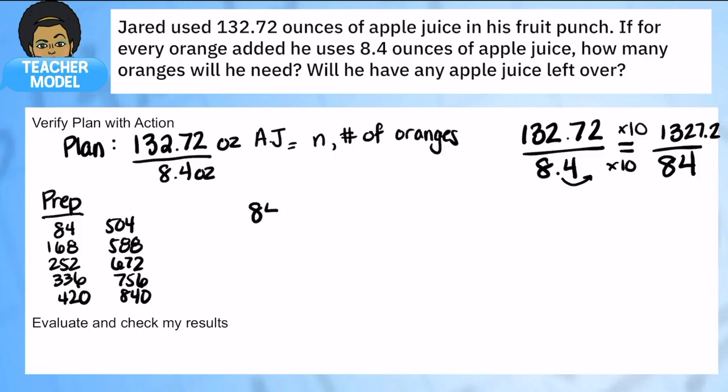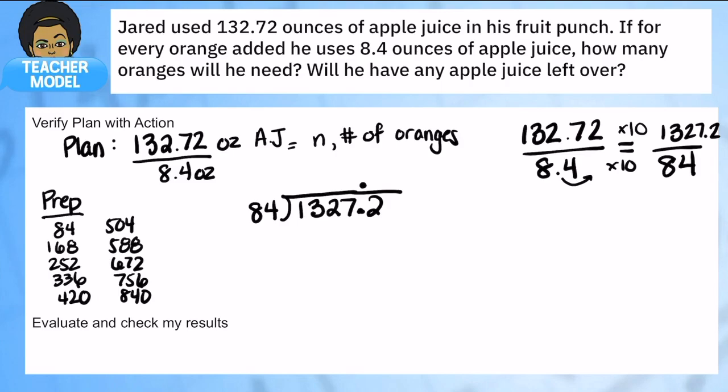Now I'm going to put in 84 as my divisor and 1,327 and 2/10. I'm also going to line up my decimals in my dividend and in my quotient so we know it's there. And as an additional reminder, if I have 1, 2, 3, 4, 5 digits in my dividend, I should also aim for 5 digits up here in my quotient, even if I'm using a 0 as a placeholder.